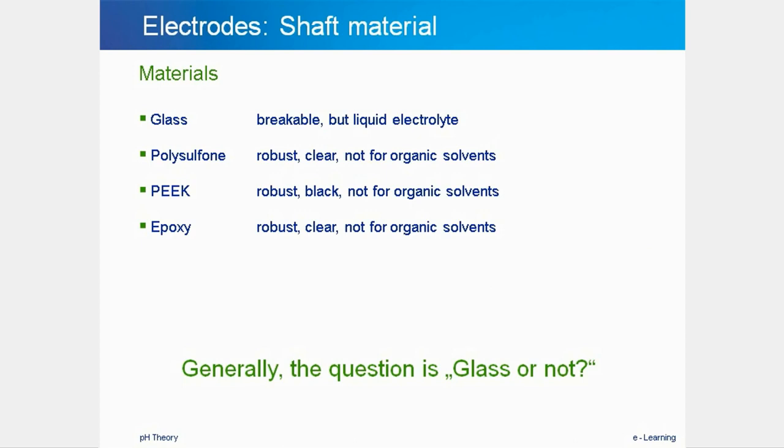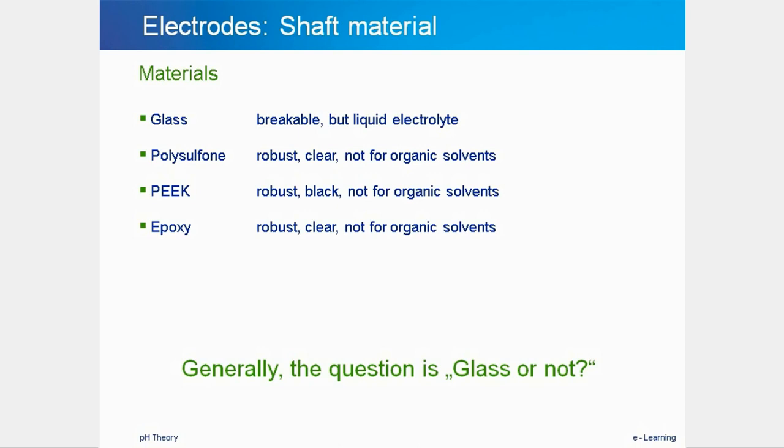The shaft material of the electrodes is another important property. Different ones available are glass, polysulfone, PEEK and epoxy. With these available options, the main choice is glass or plastic. If this choice has been made, different kinds of plastic can then be chosen to suit the application.